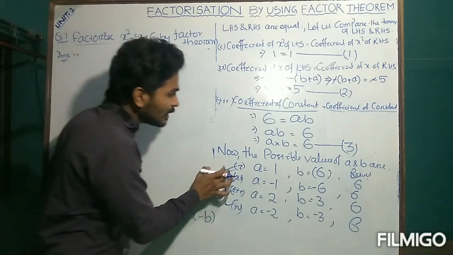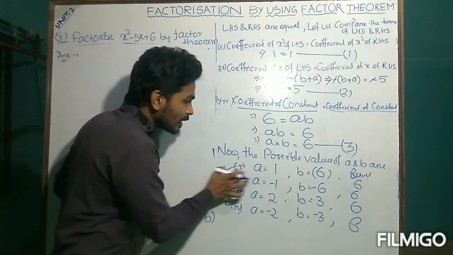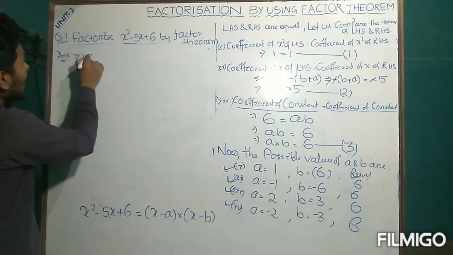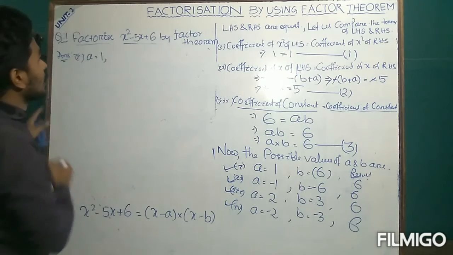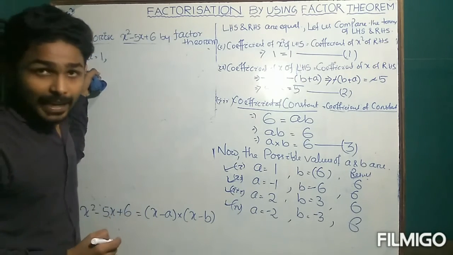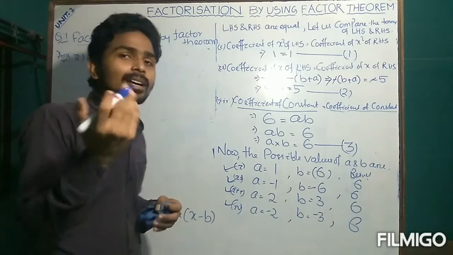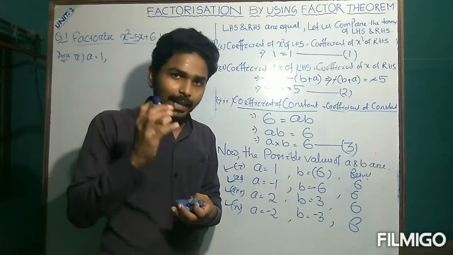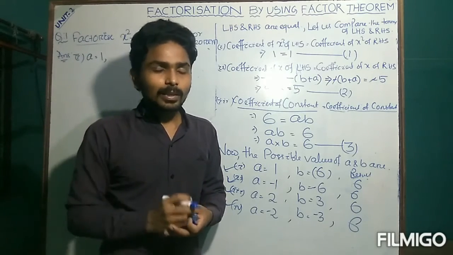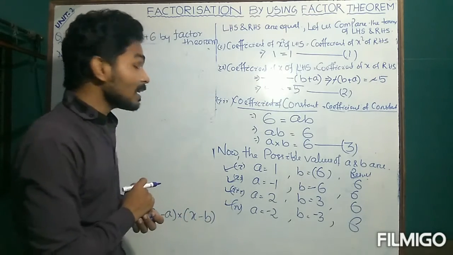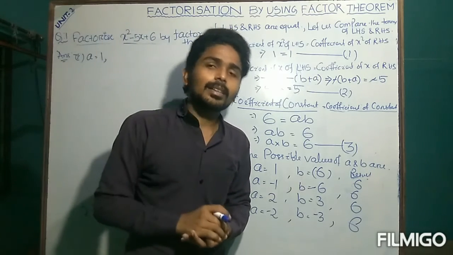Let us first check with the value of the zeros from the first assumption. In the first assumption we have a is equal to 1. Here a is nothing but the value of the zero, or you can say a root. And we know if some polynomial has a root or a zero, it means that polynomial completely divides the other polynomial.